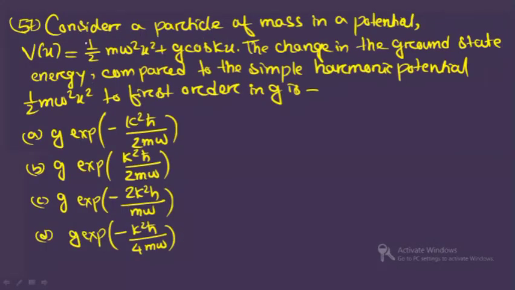So here what you have, consider a particle of mass m in a potential Vx equals half m omega square x square plus g cos kx. This is the potential. You have to consider a particle of mass m in this potential. So the change in the ground state energy compared to the simple harmonic potential half m omega square x square to first order in g is what?